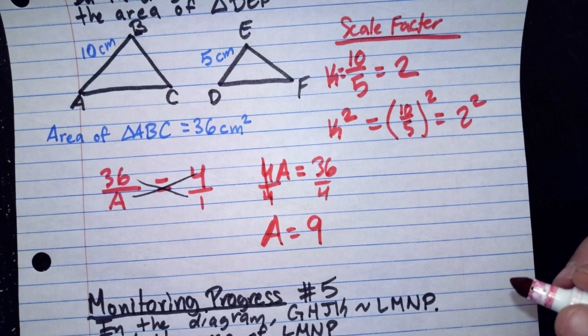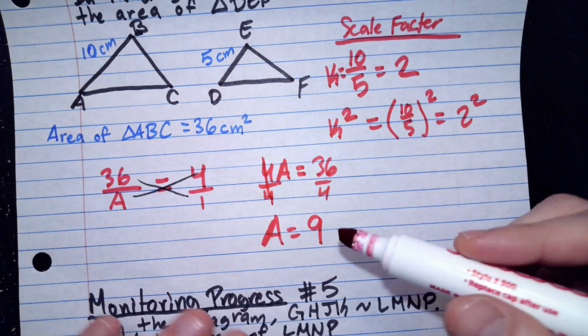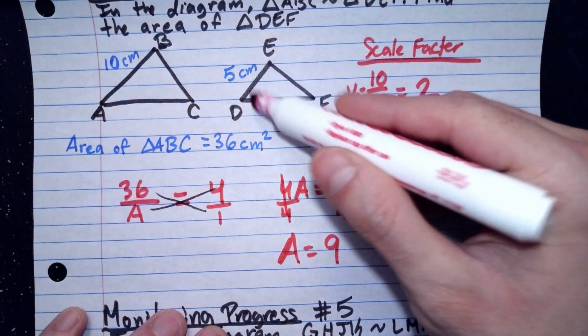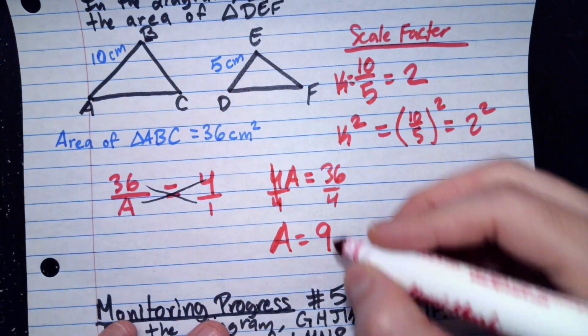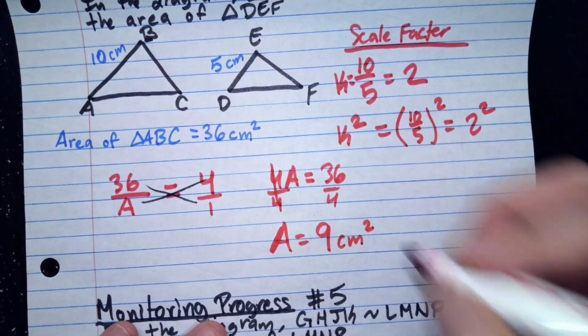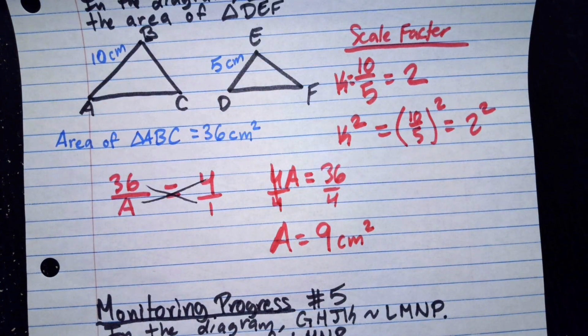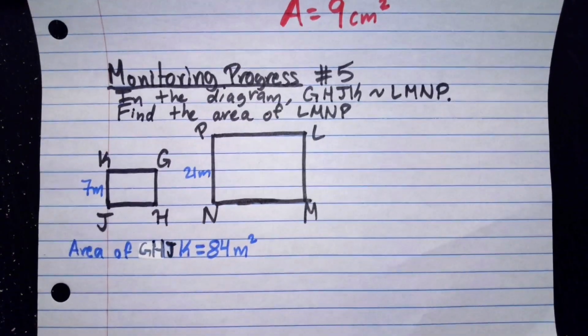So now we know, thanks to theorem number 2 for areas of similar polygons, that the area of this little triangle has to be 9 centimeters squared. Once again, we need that scale factor to use the theorem. But once we find our scale factor, we should be set to go when we're solving these problems.